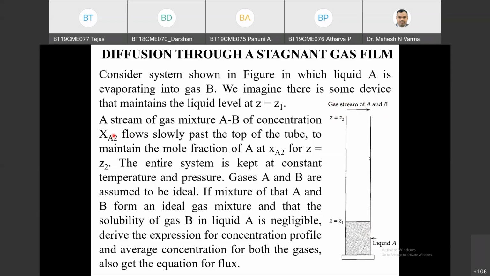Then next, Darshan. Yes, sir. The temperature and pressure are constant in the entire system. Very good. And both the gases A and B are assumed to be ideal, with no reaction.